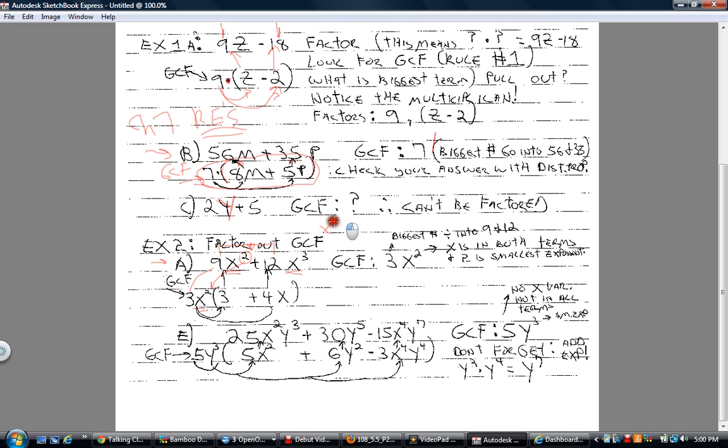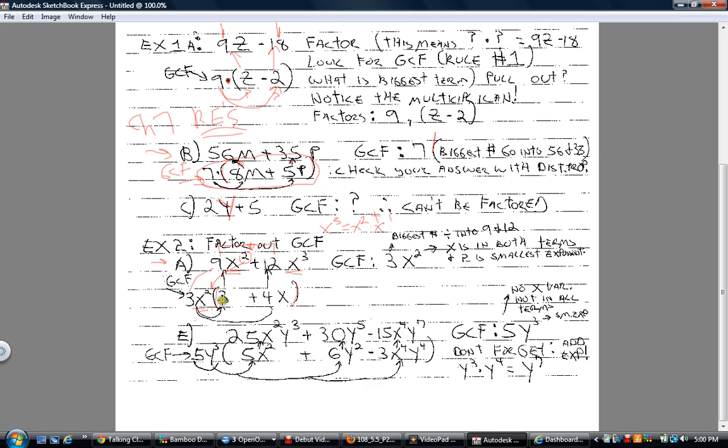Remember, x to the third equals x squared times x to the first. 2 plus 1 is 3. Remember, when you multiply by the same base, add the exponents. Okay, so now you can pull out an x. You pull out the square because it's the smallest exponent between the two of them, and then give yourself a set of parentheses, and now ask yourself, 3x squared times what produces 9x squared?